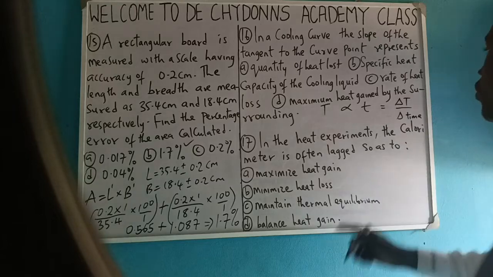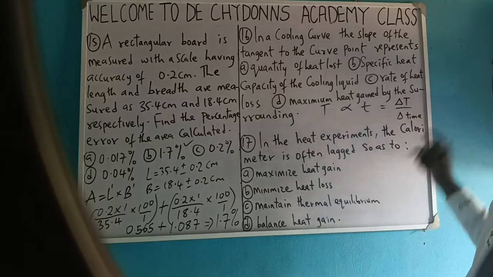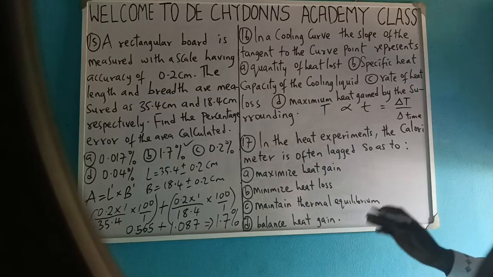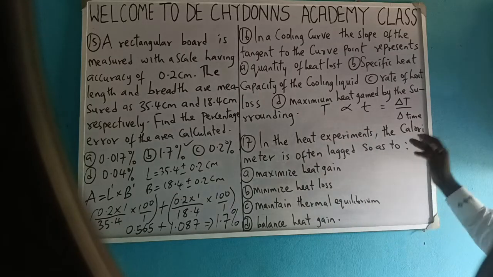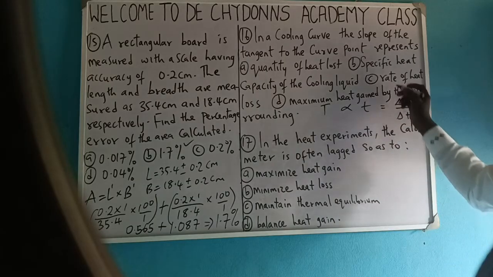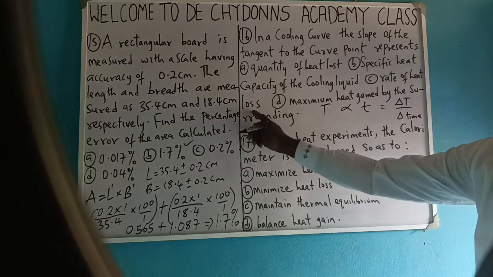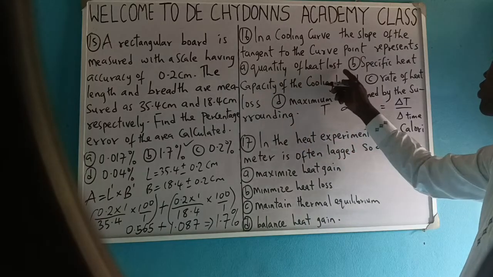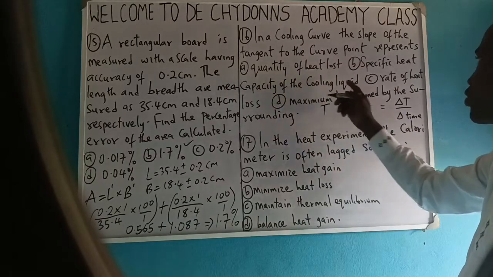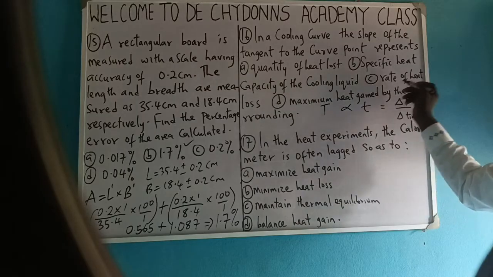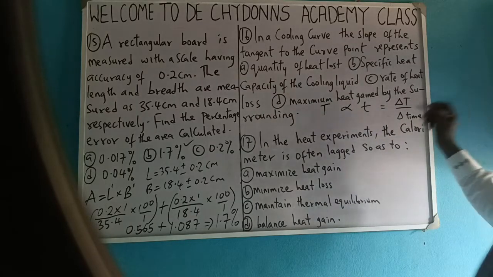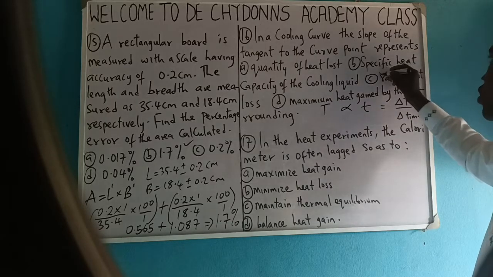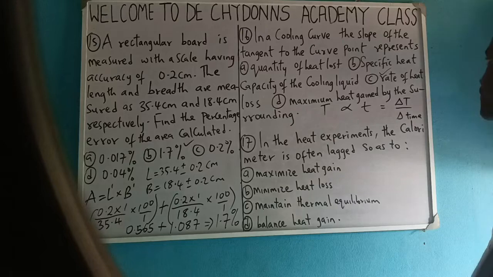And anytime you hear over time, what it means is rate. So the option should be rate of heat loss. It is not the quantity of heat loss, and not the specific heat capacity. It is the rate of heat loss, because we are getting the slope of change in temperature over change in time. So we say option C is the answer.